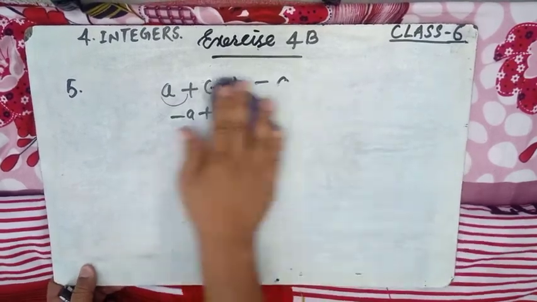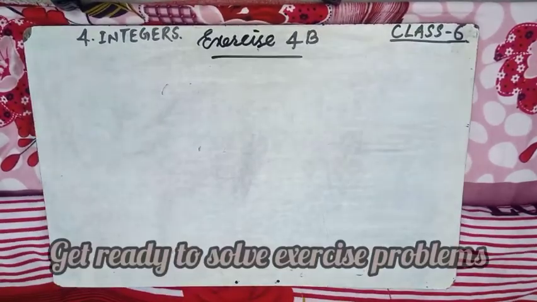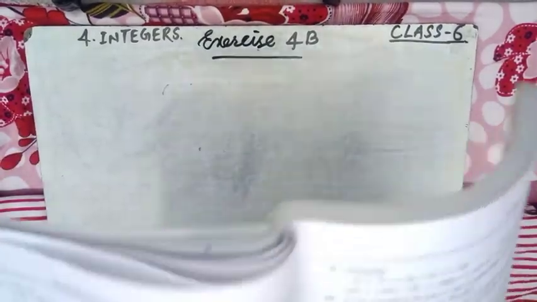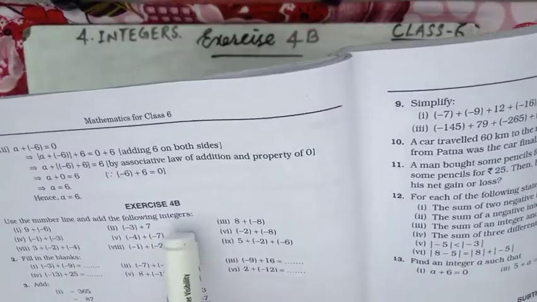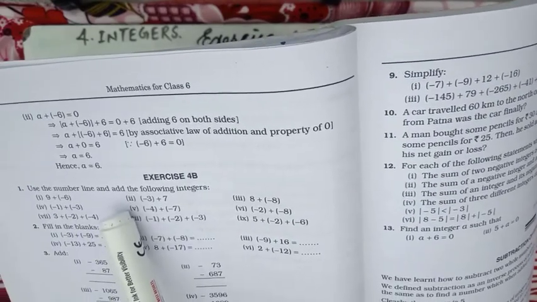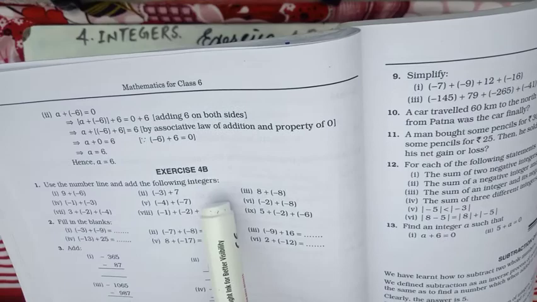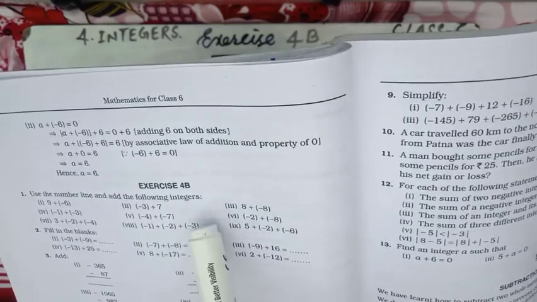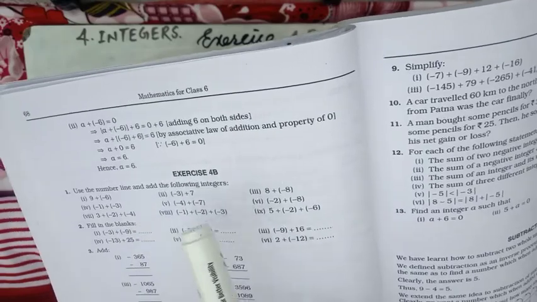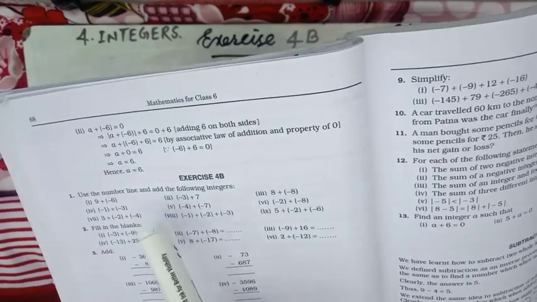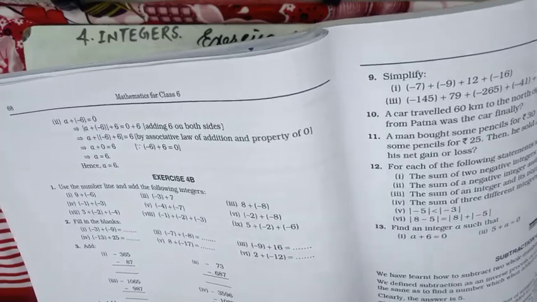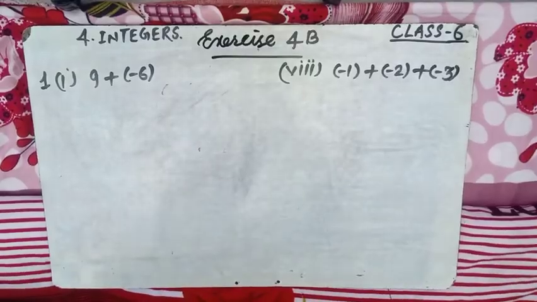Now see the exercise problem. The first question is very simple. 4b says, use the number line and add the following integers. We already know how to add two integers directly, but we have to use the number line to find the solution.